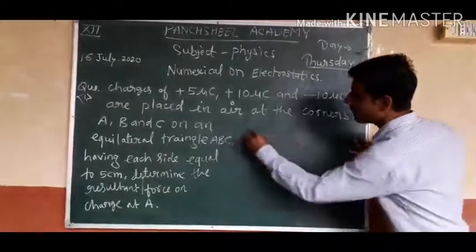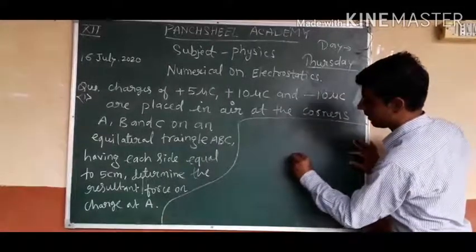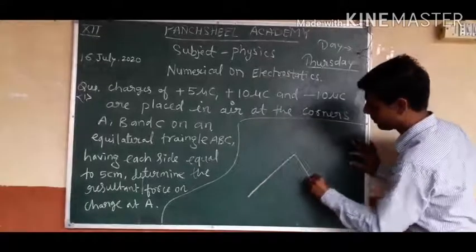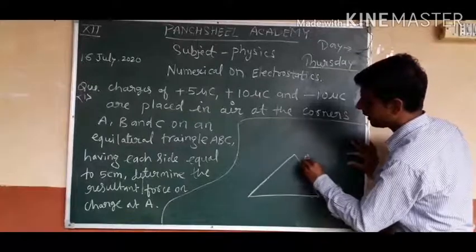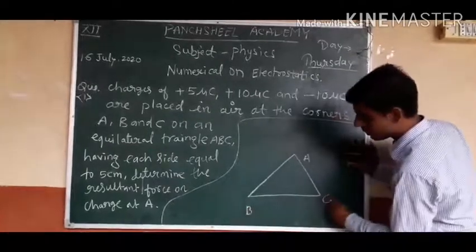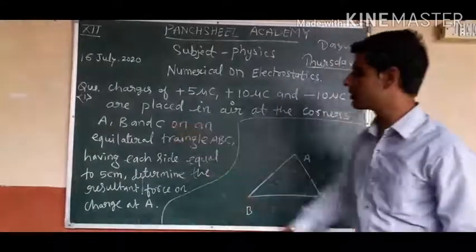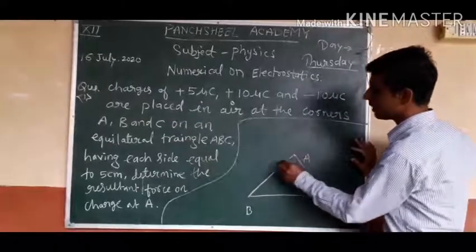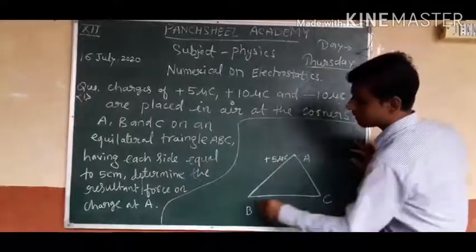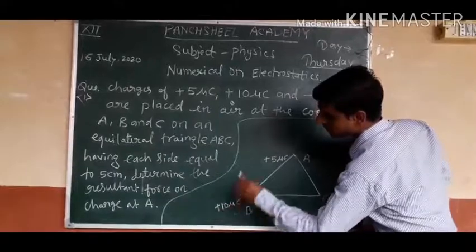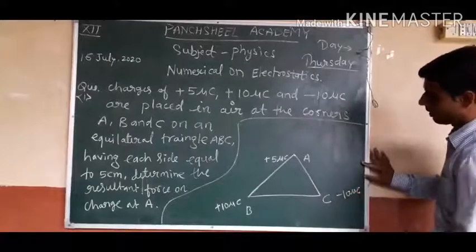So first of all, you have to draw an equilateral triangle. This is the equilateral triangle. If I write here A, B and C, then the charges are placed at the corners A, B and C. A पर कौन सा चार्ज है, plus 5 माइक्रोकोलम, and B plus 10 microcoulomb and C minus 10 microcoulomb.